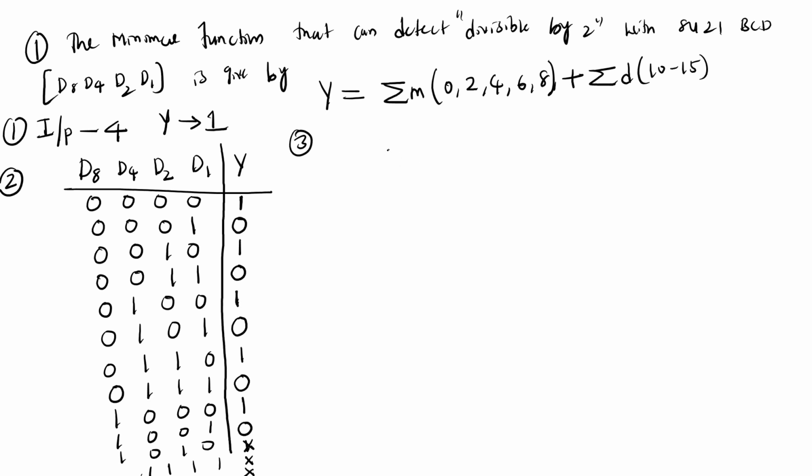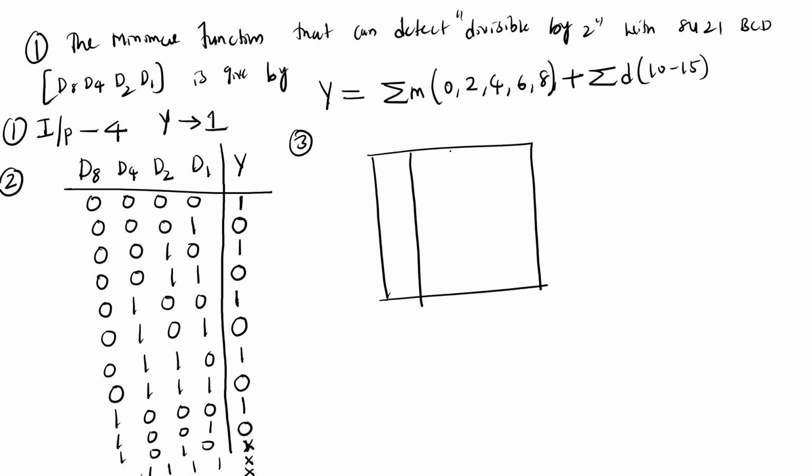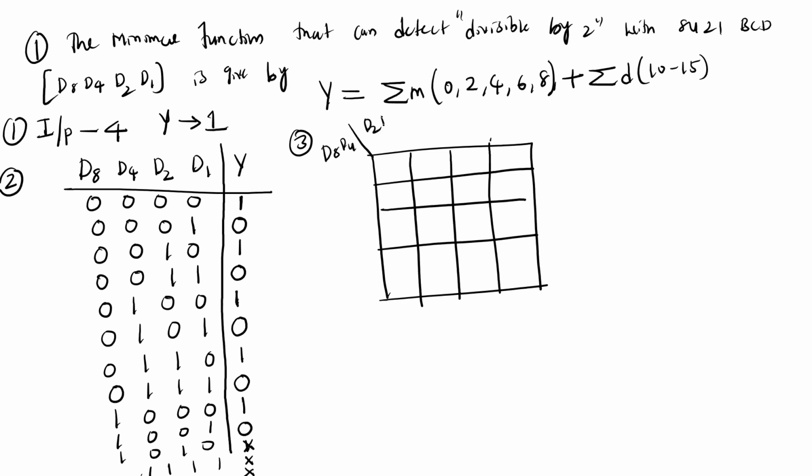Okay, so by seeing this, it is a 4 variable K map. A 4 variable K map means there are 16 cells. What are the inputs? D8, D4, D2, D1.